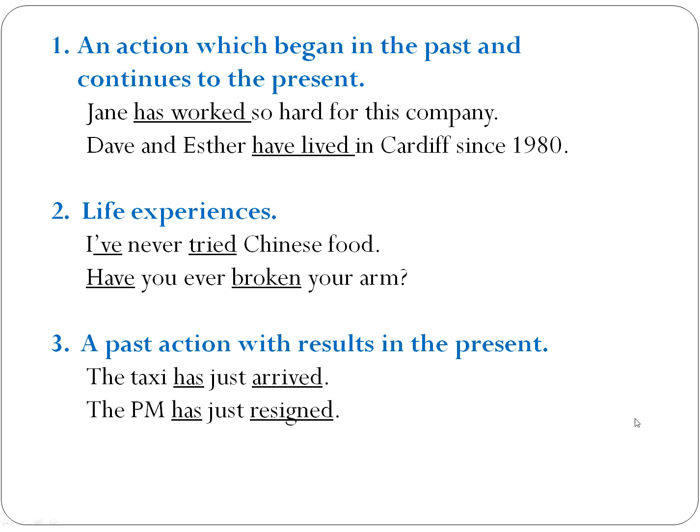Okay? So this is it. An action which began in the past and continues to the present. Life experiences. A past action with results in the present. And there's always this idea of connecting the past and the present with the present perfect tense.